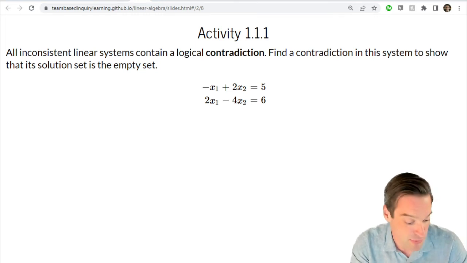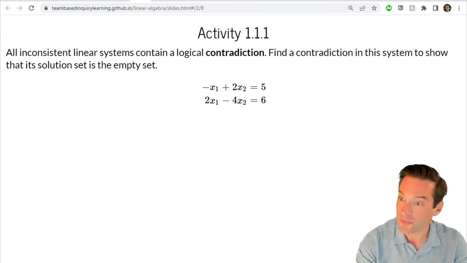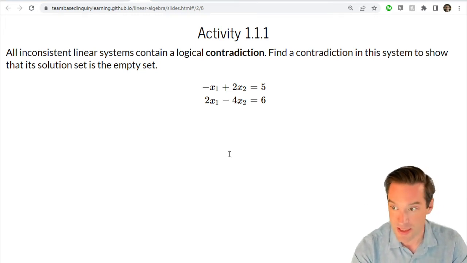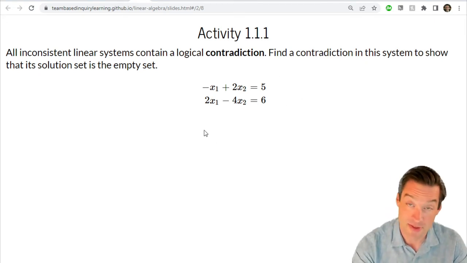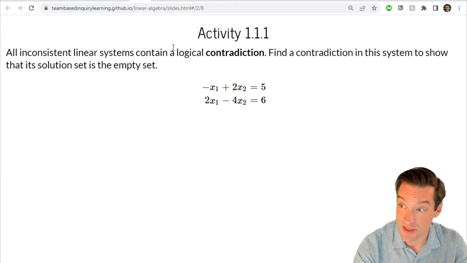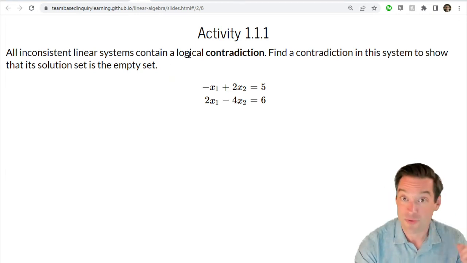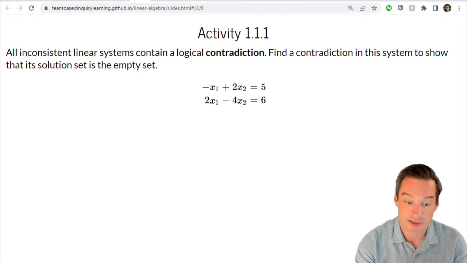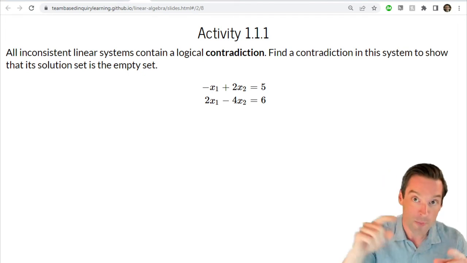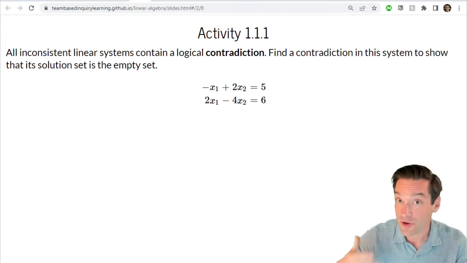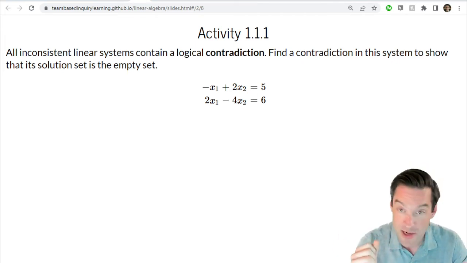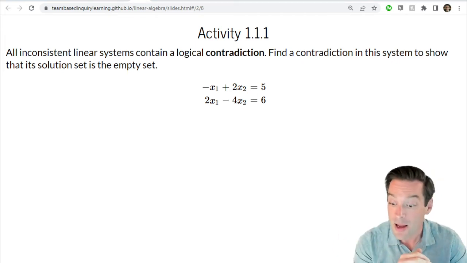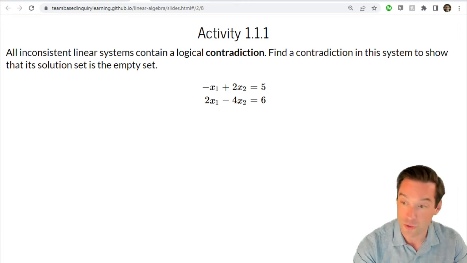So let's take no more than 5 minutes with your group to take a look at this first activity, 1.1.1, and find a logical contradiction out of this system so that you can argue that its solution set is empty. And when you write up your responses, my first recommendation is to write them up in a way that will be useful to you when you read them later while you're studying for a quiz or an exam or something like that. So try to show your steps and explain your work, and do all of that work inside of your Google Drive folder.